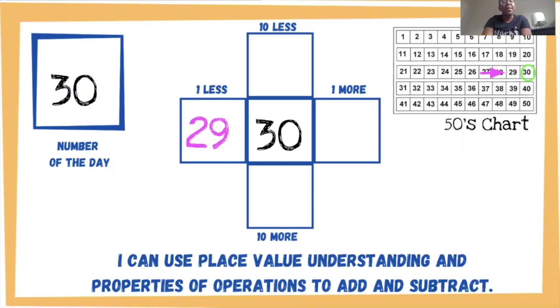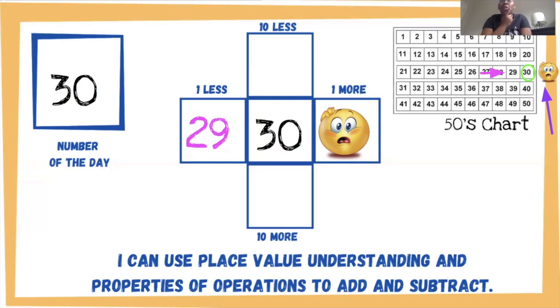What about the number that's 1 more? Well, usually when we're looking for the number that's 1 more, it'll be the number that is right behind it, or the number that is immediately to the right. Oh my, there's nothing there. We are at the end of a row.